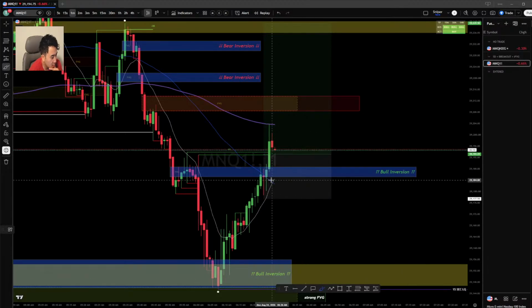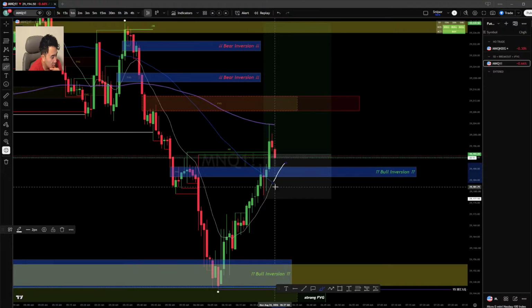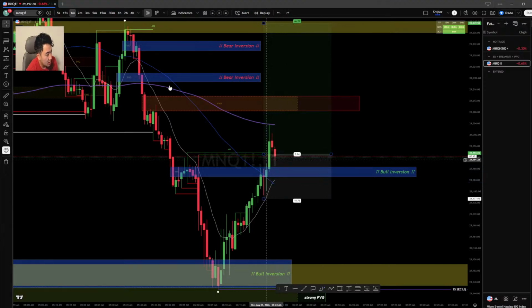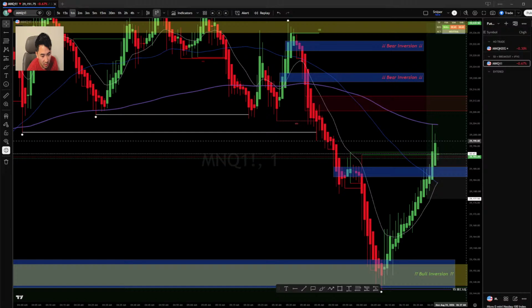And now we're trading above. So the EMAs on the 1-minute are telling me it's bullish. I'm gonna switch to the Heikin-Ashi chart here.